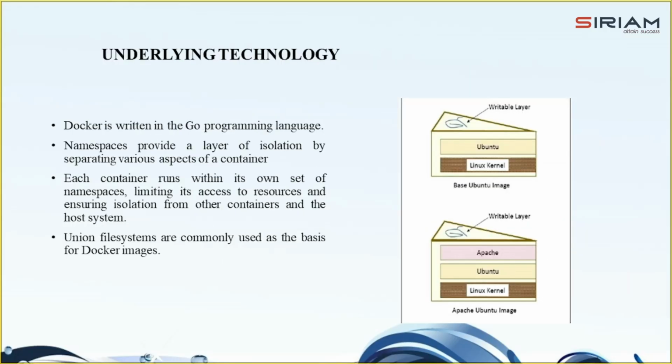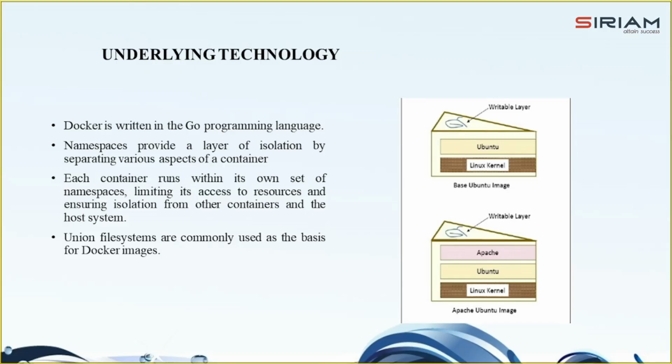So now let's talk about the underlying technology. Docker is built using the Go programming language, and it uses namespaces to create isolated environments, which are known as containers, right? Also, a union file system is used as the basis for Docker images.